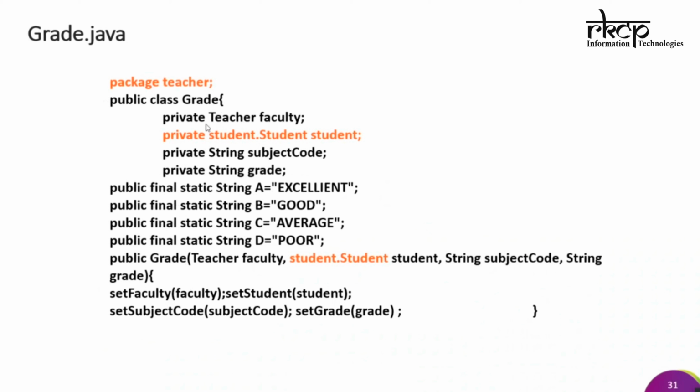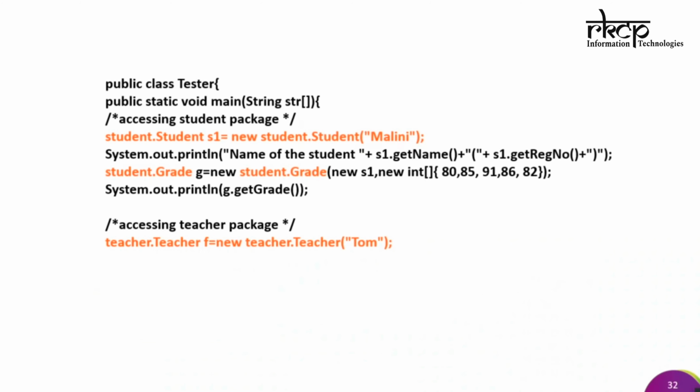So inside the Grade class, which is part of the package teacher, if you want to access a Student class that is part of the student package, then you can call it like this: the package name, dot, the class name. In this way, you can use it anywhere inside the entire teacher package. But the condition is that the Student class must be public.